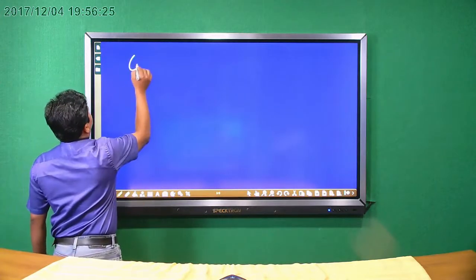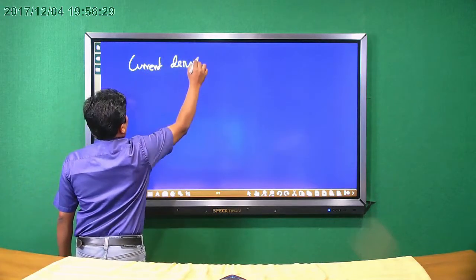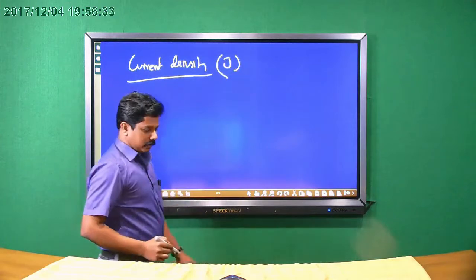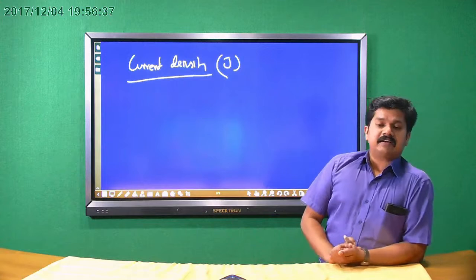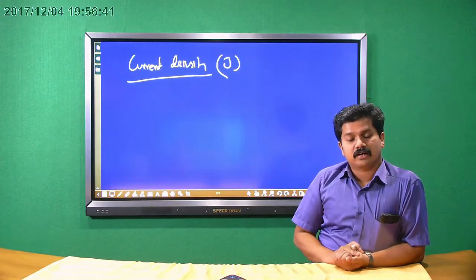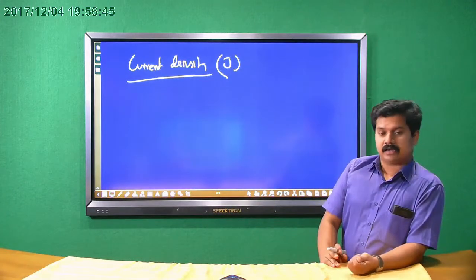Now we introduce the term current density, J. We already discussed the current. Electric current means the total amount of charge crossing any cross-section area of the conductor in unit time. That is what electric current intensity I is.